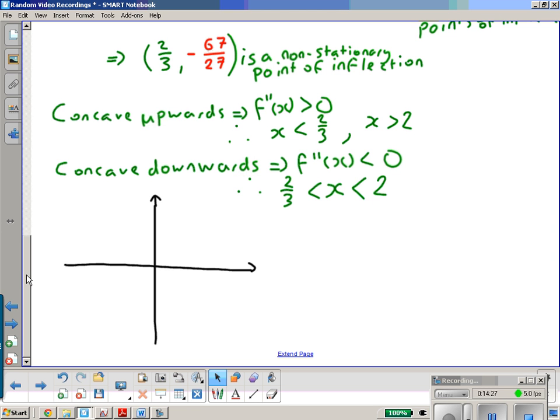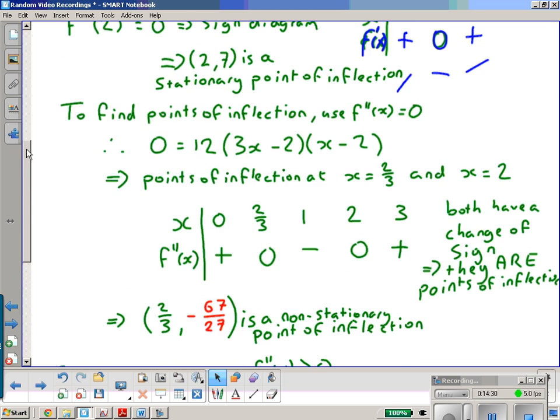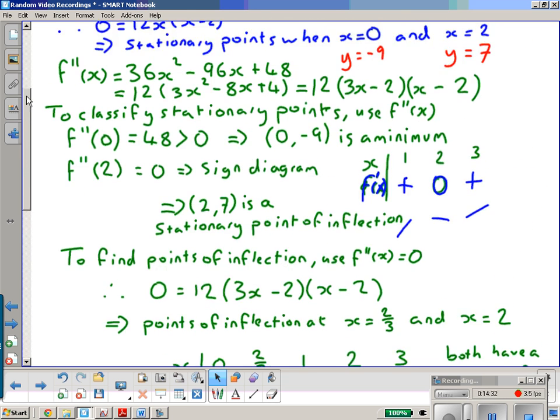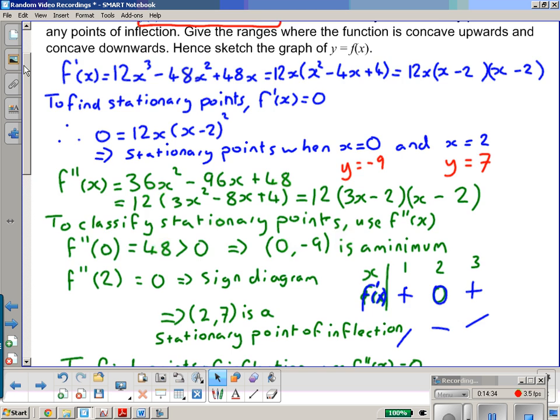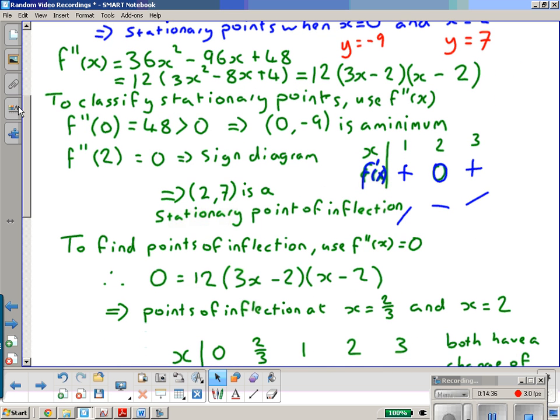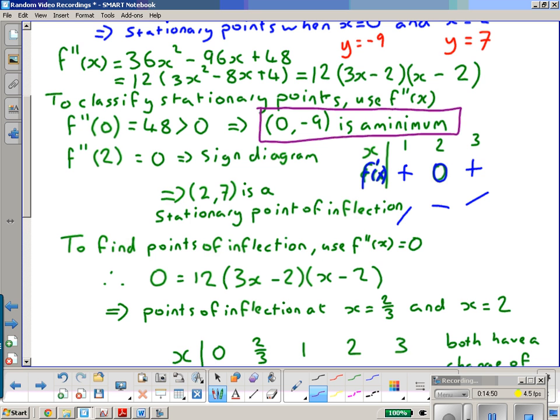So let's scroll back up to our stationary points first. Here we found our stationary points. Let's use a different colour to highlight these, a nice purple. We have 0, minus 9 is a minimum.